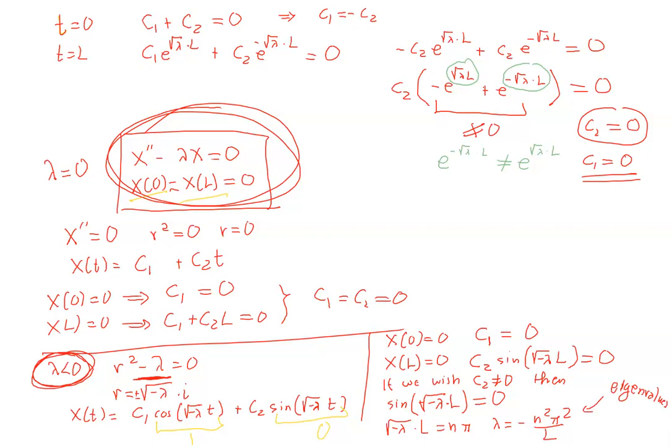What is that non-zero solution? And that non-zero solution can be taken. So again, lambda is equal to minus n squared pi squared over L. And the non-zero solution is going to be x sub n of x, and I'm taking C2 to be 1. You can take it to be anything you like, it's a constant.